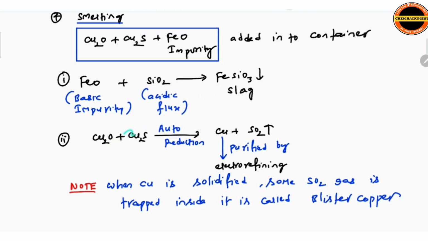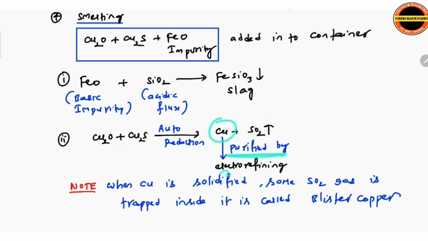Now whatever Cu2O is present here, Cu2S is also present in the copper matte. The Cu2S acts as an autocatalyst and converts Cu2O into Cu. Sorry, auto reduction: no external reducing agent, only one of the reactants acts as the reducing agent, converting Cu2O into Cu, and SO2 gas goes out.